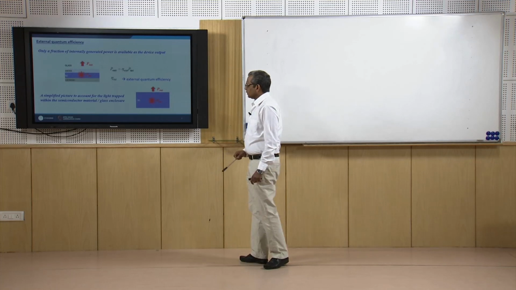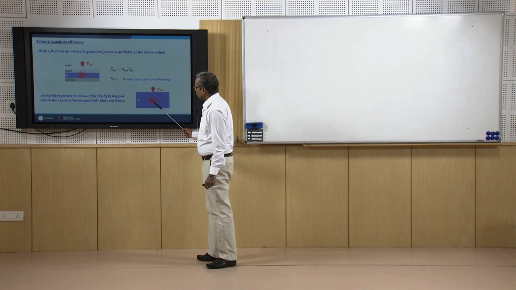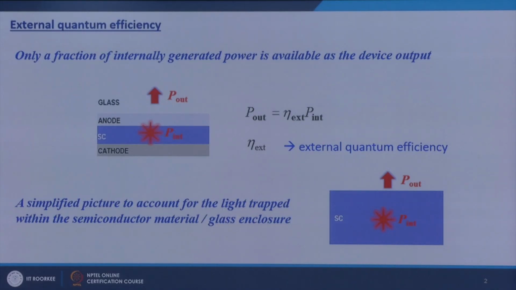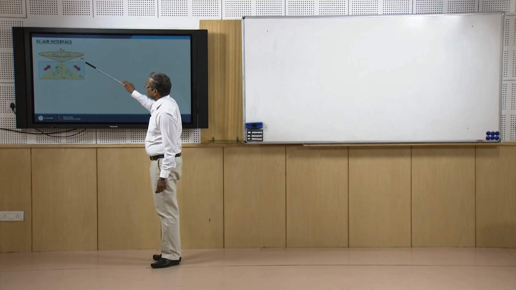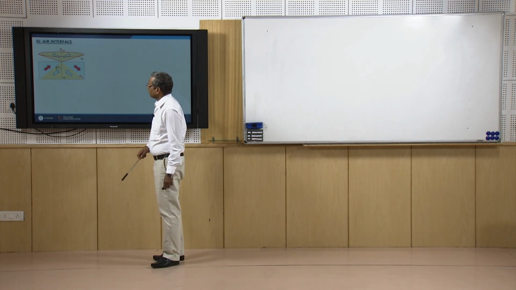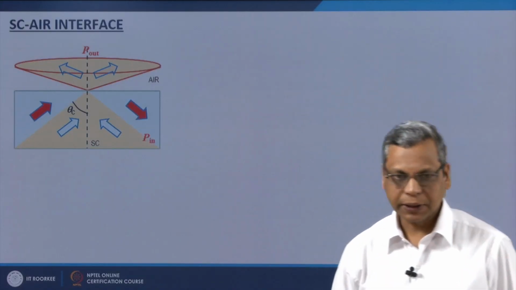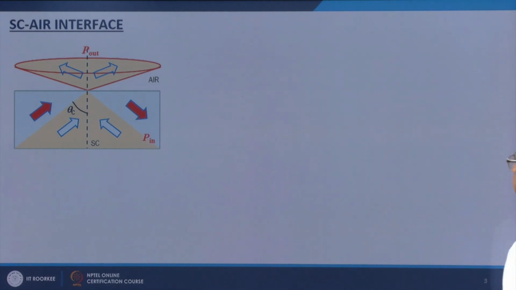So, in a simplified picture, we can just put a light source with power P_INT inside a semiconductor material, and have a look at how much power comes out of this block of semiconductor. So, let us look at this picture now. This is the semiconductor medium, where the light source is kept, a point source which sends light in all directions.